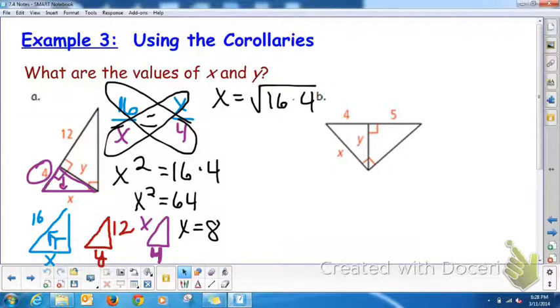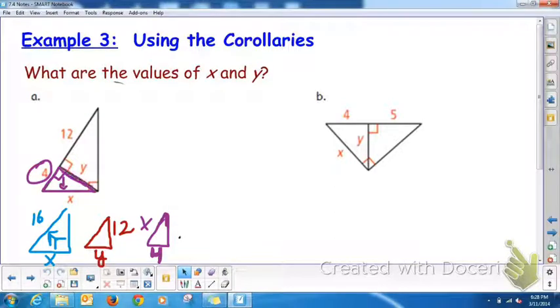Square root of 16 is 4. Square root of 4 is 2. So that's 8. Either way, you're going to get 8. If you'd like to see the work for this one again, please rewind this. Otherwise, I'm going to erase it now so that we can solve for y.